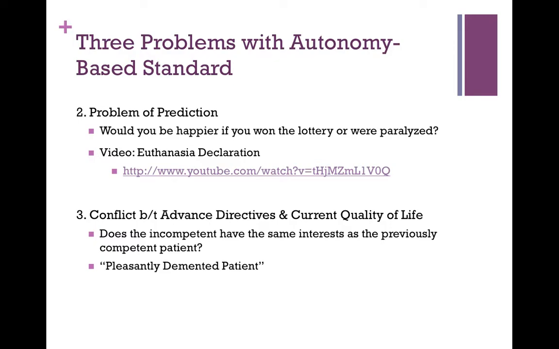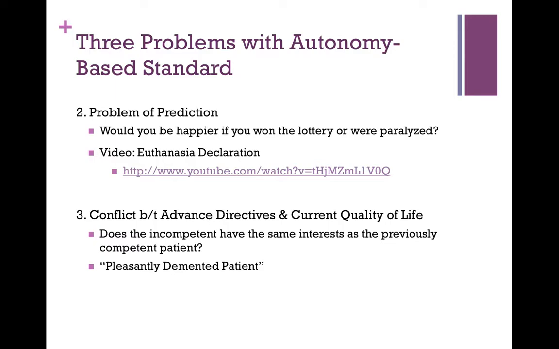So sometimes the advanced directive might say, well, if I get to this state, and a condition comes up, maybe I get an infection in a hip, or something happens, allow me to die. But then you look at the person now, and they have this infection that has come up. We could allow them to die and honor the advanced directive, or we could easily treat this, and the person now could actually experience some happiness and joy in life.